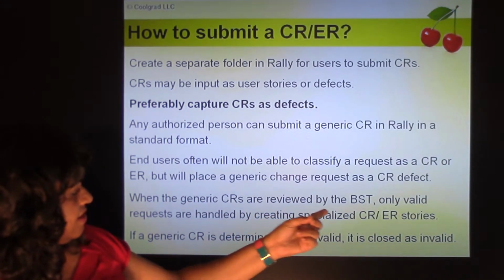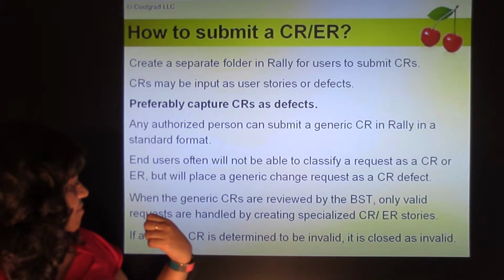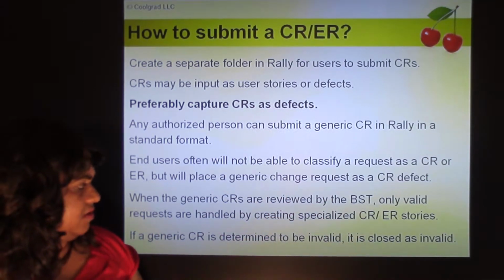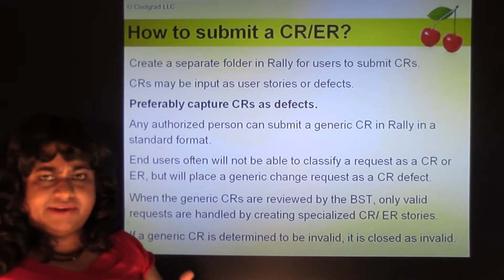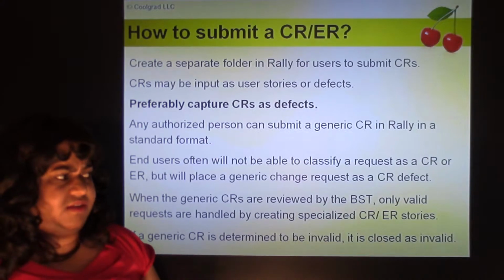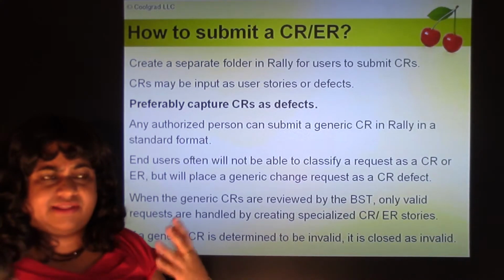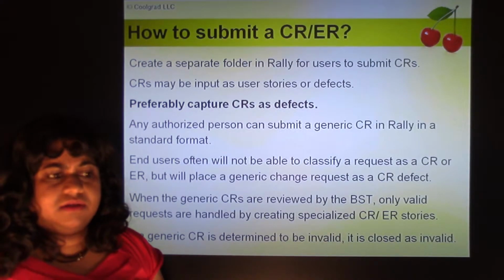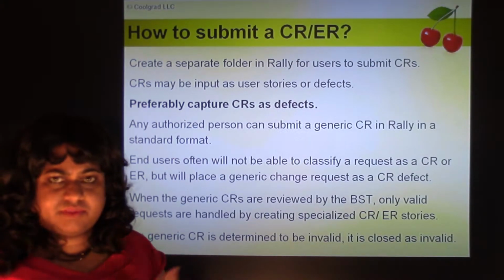When the generic CRs are reviewed by the BST, only valid requests are handled by creating specialized CR/ER stories. All these which come in as defects are captured, and then they're all reviewed by the BST, the business support team.